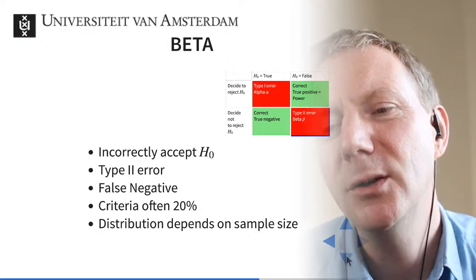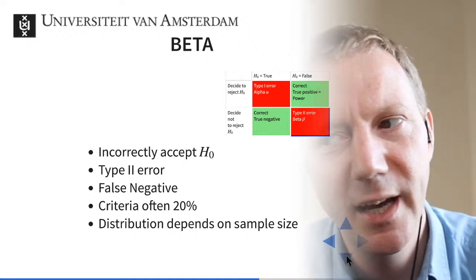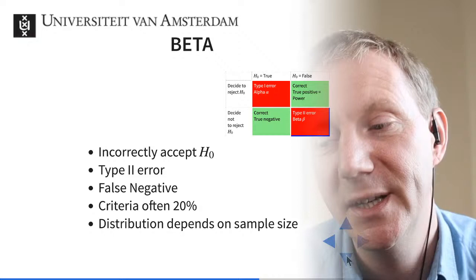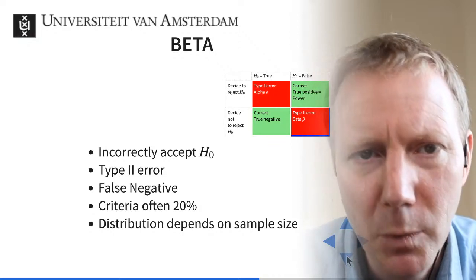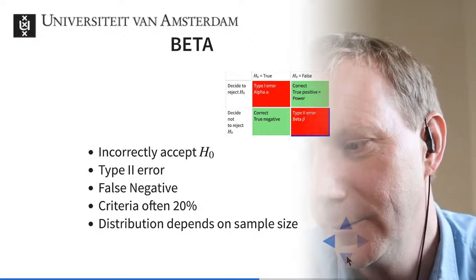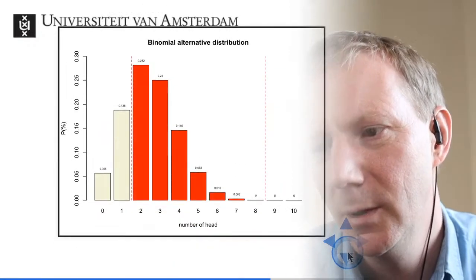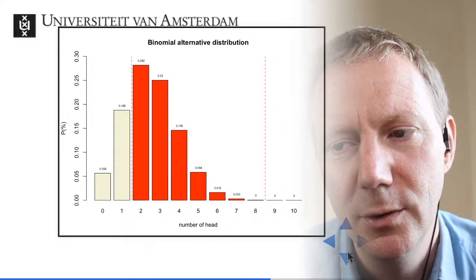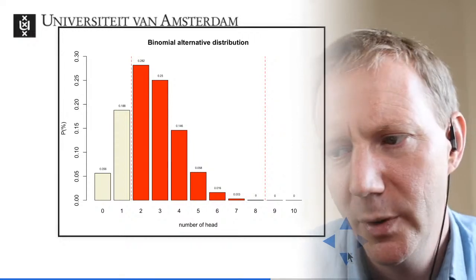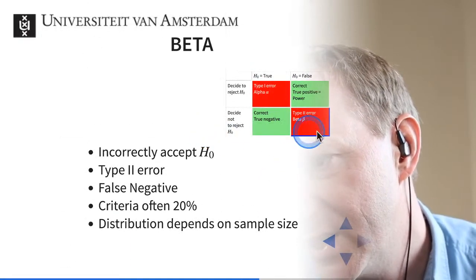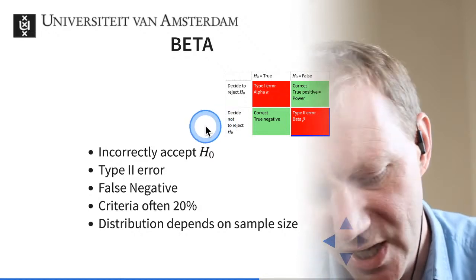And this is a wrong decision again, and we also want this wrong decision to be low. We can set it to 20% mostly, and that's related, of course, to the power of our test. So what we find here is our decision to reject the null is outside, but here we decide, because it's this cell, to not reject the null.